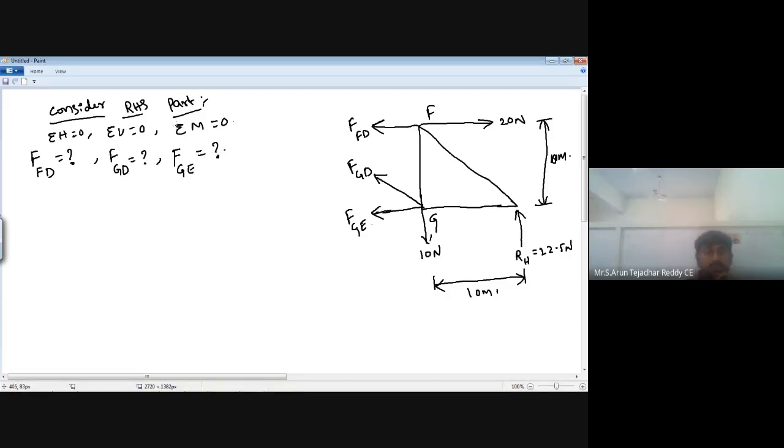So by using the equilibrium equations, next we can find these three unknowns.